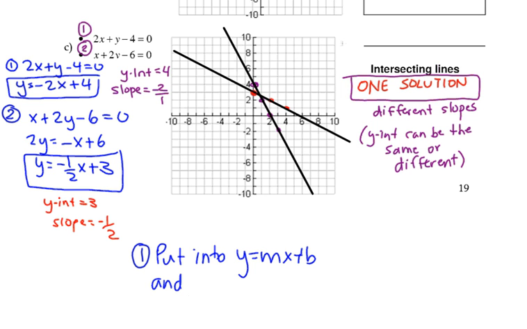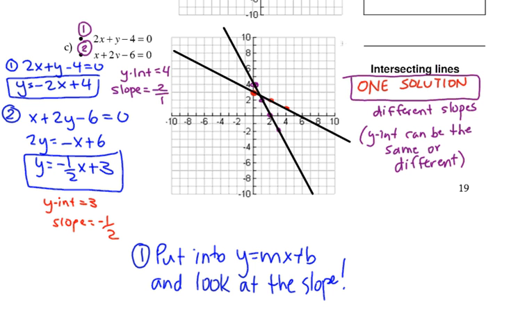If the slopes are the same, then we have to look at the y-intercept. That's the easiest way. Put into y equals mx plus b and look at the slope. If the slopes are the same, then we have to look at the y-intercepts to see if they're going to be parallel or the same line.